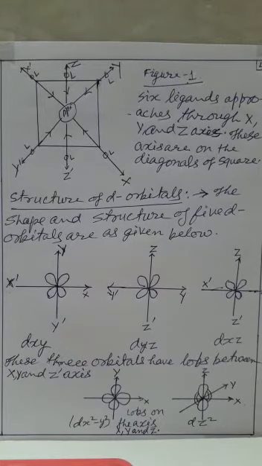But in dx square minus y square and dz square orbitals, the lobes are on the x, y and z axes.